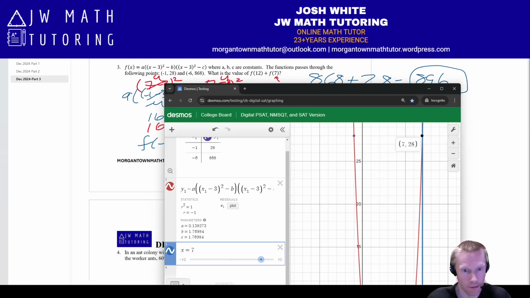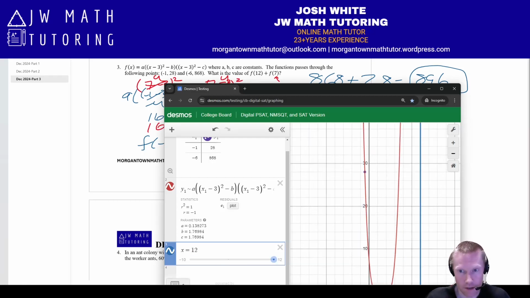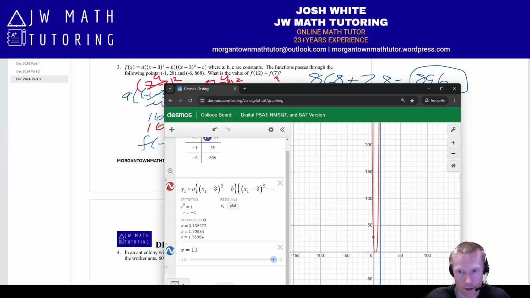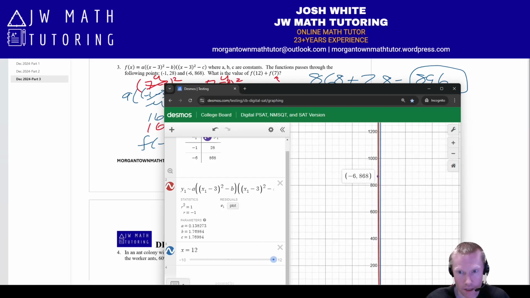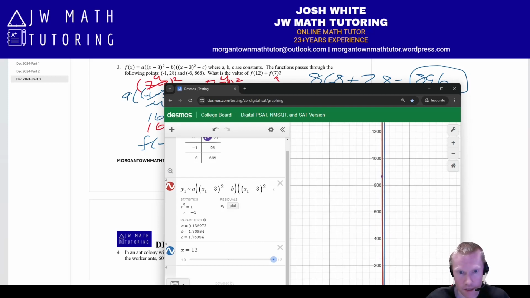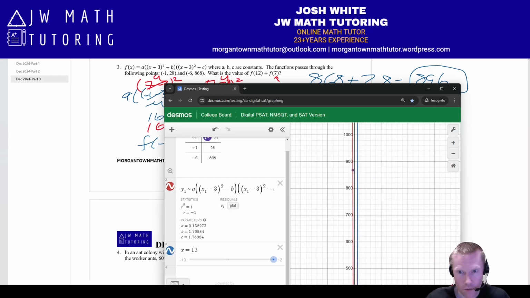So you could just get it from that way, and then you could do the same thing with 12. Now the problem is, it's way up here. You got to zoom out, and then it's kind of difficult to see where it intersects.